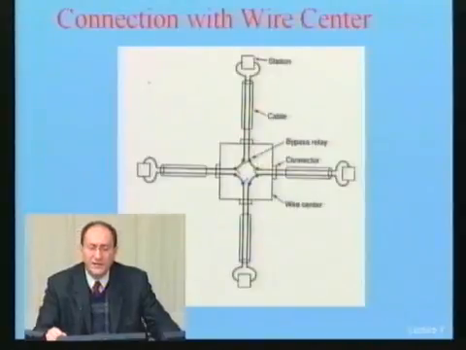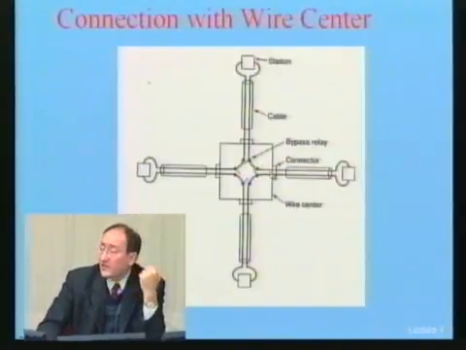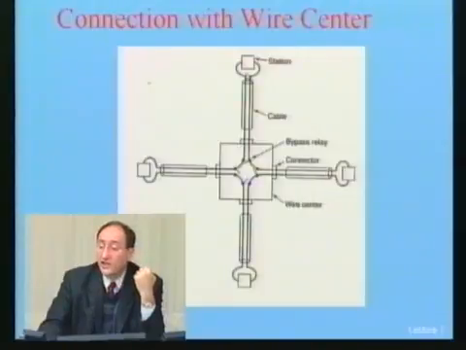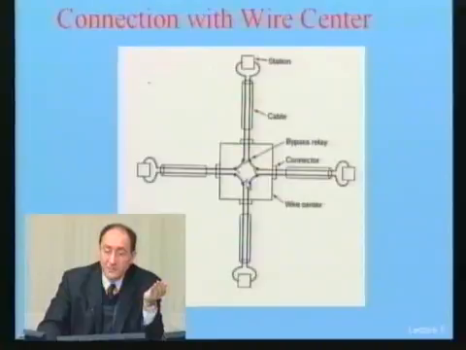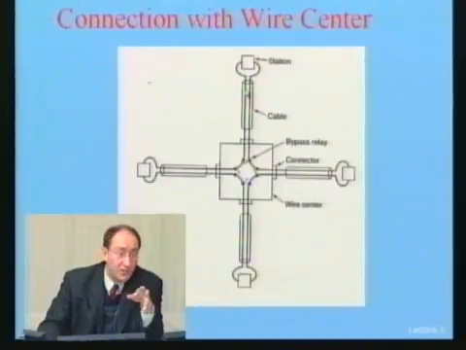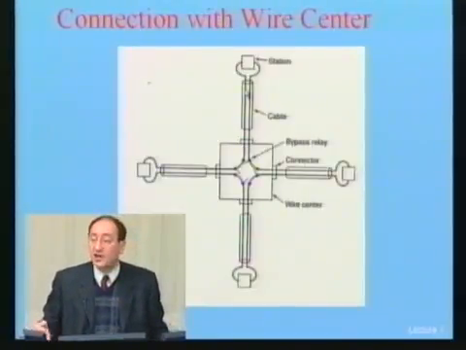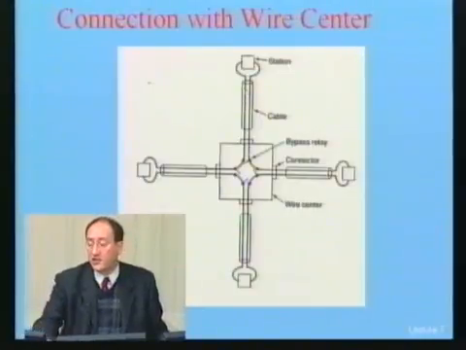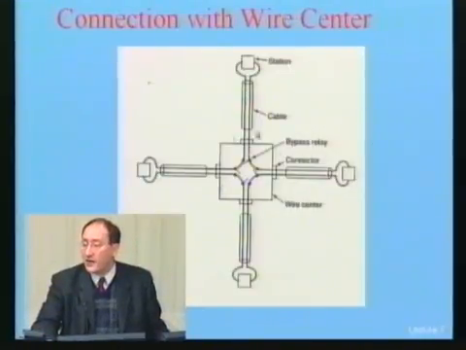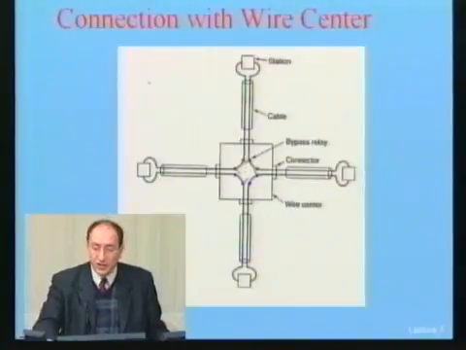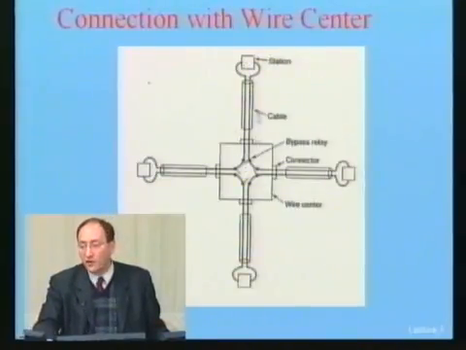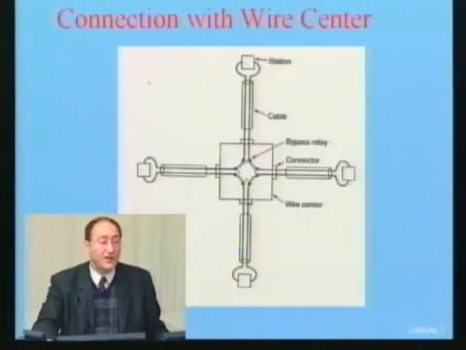Anyways, as we talked earlier, the original ring was like a real ring, but a real ring has problems for physical maintenance. It means that if one of the rooms is broken, then you have to go to every room to find out who is there. So as we talked earlier in previous lectures on topology, in practice they do it like this: for each room, they take 2 wires, one goes in, one comes out, and everything comes to a central wire center.